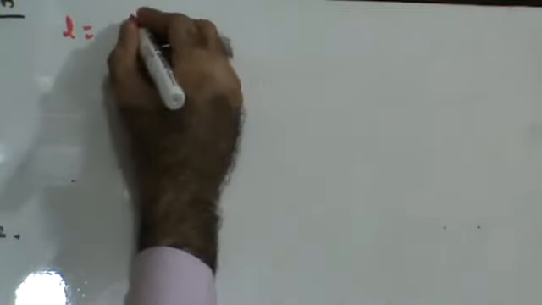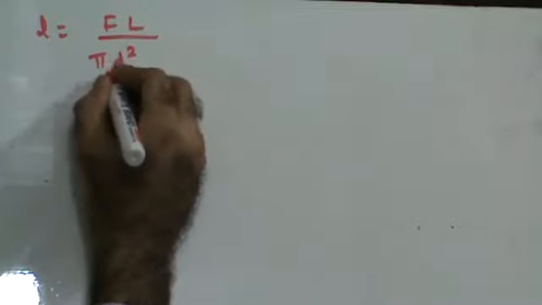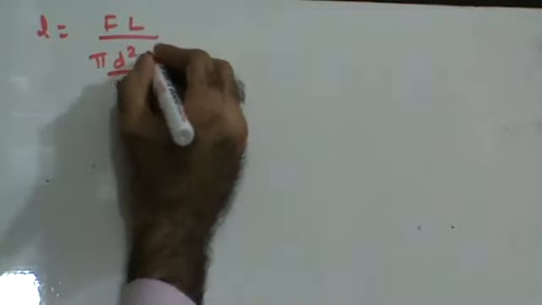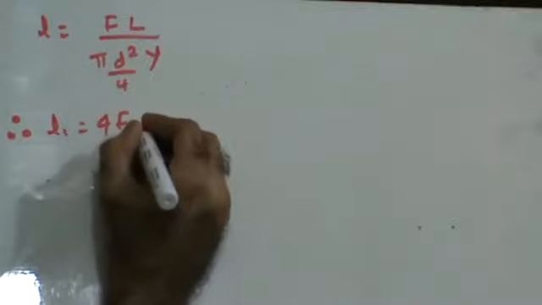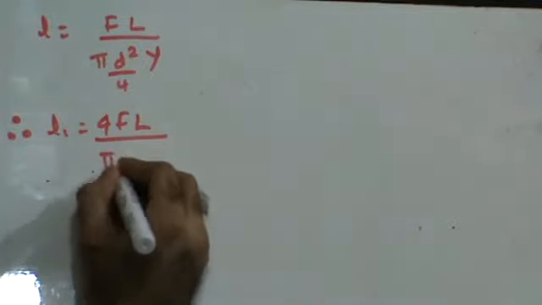Therefore, I could say that the extension is equal to FL upon pi d square upon 4 into Y. So you could therefore say that the extension l1 is 4 F1 L1 upon pi d1 square Y1, right?